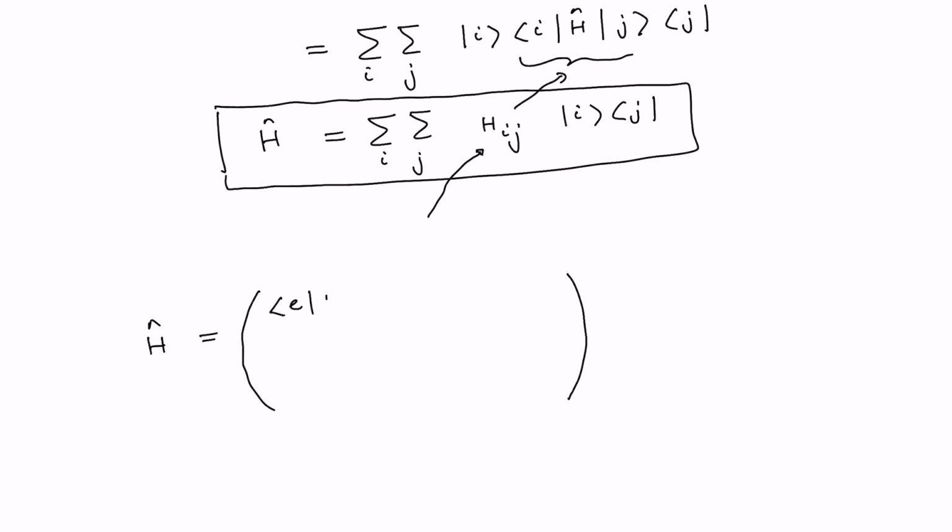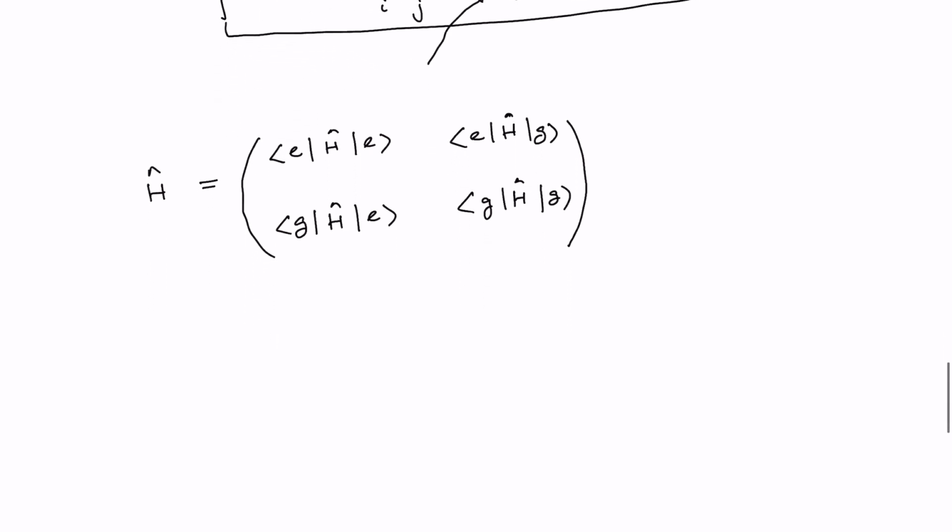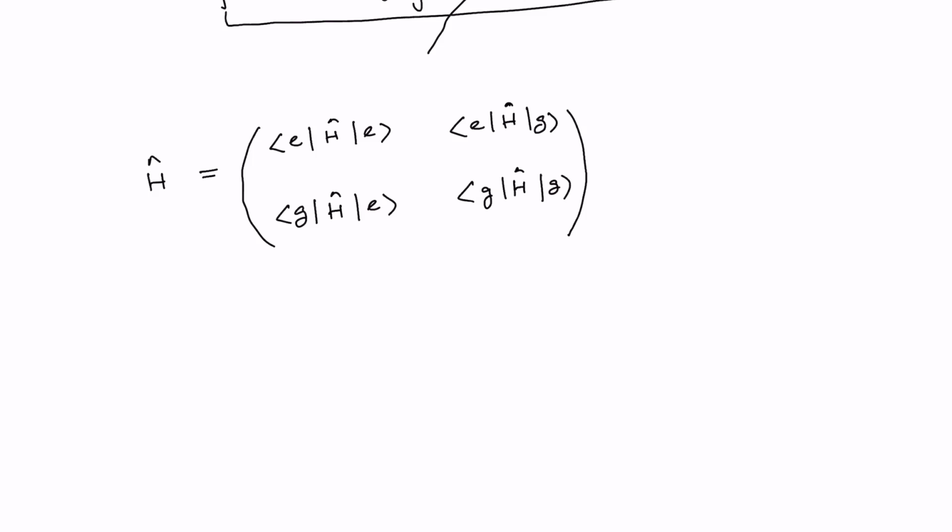The first element, that means first row, first column, is EHE. Then this one will have EHZ, and here I have ZHE, and here ZHZ.